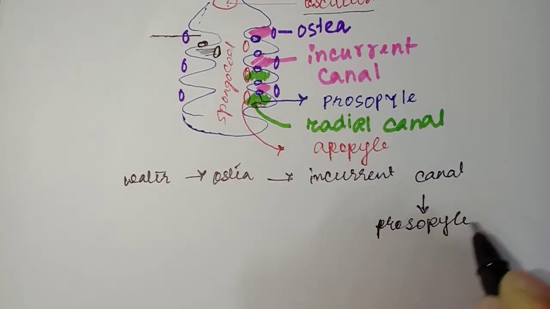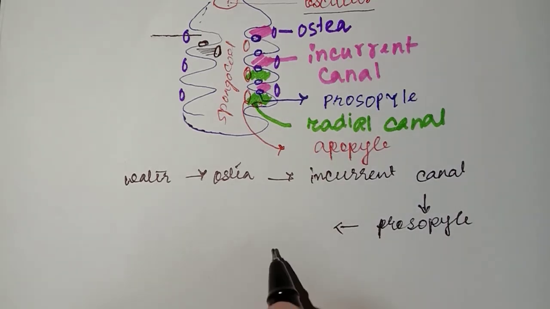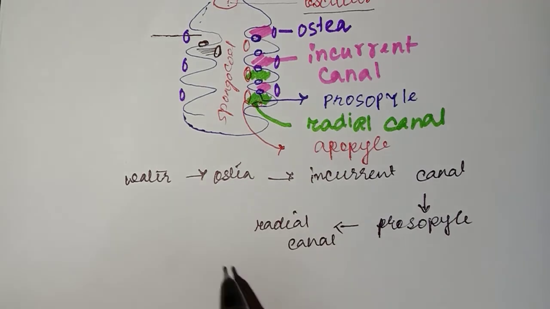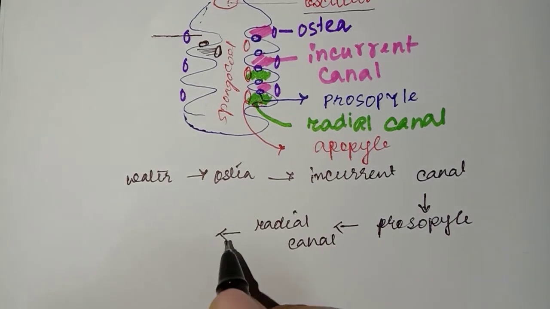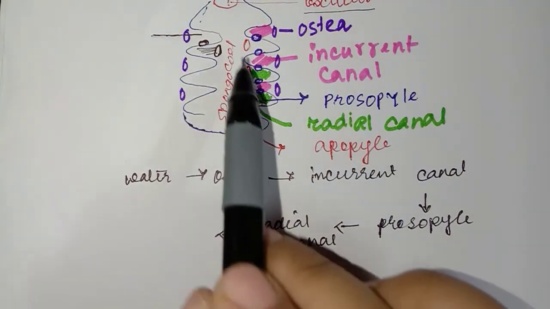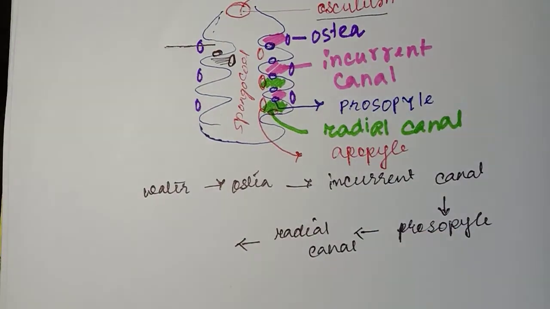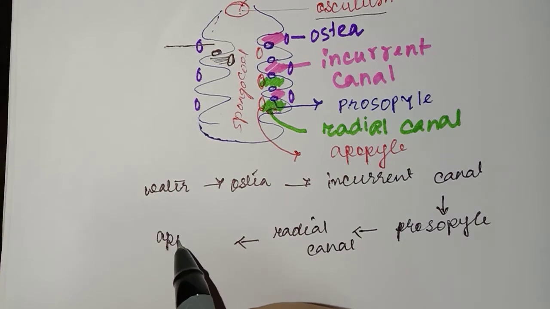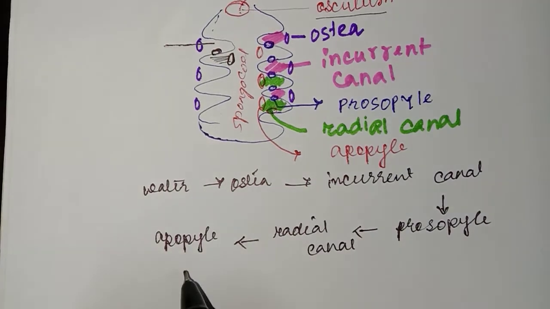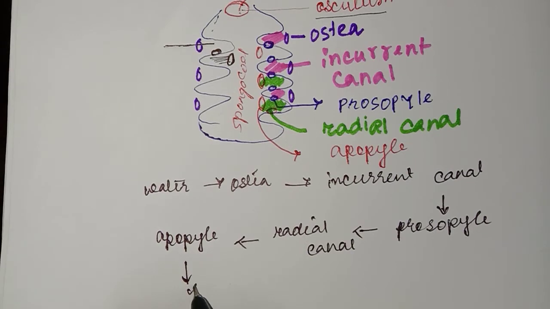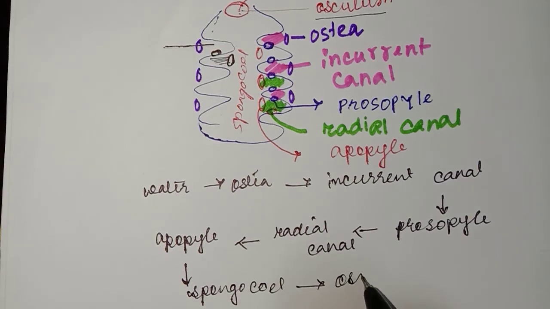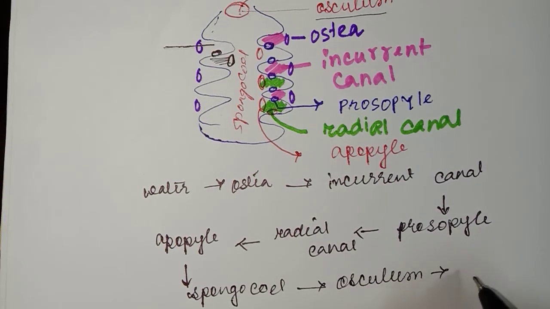Now from this radial canal, the water will enter into that cavity, the spongiocele, via another opening. That opening is called the apopyle. So with the help of this apopyle, the water will go to the spongiocele. Now from the spongiocele, the water will be removed outside with the help of the osculum.